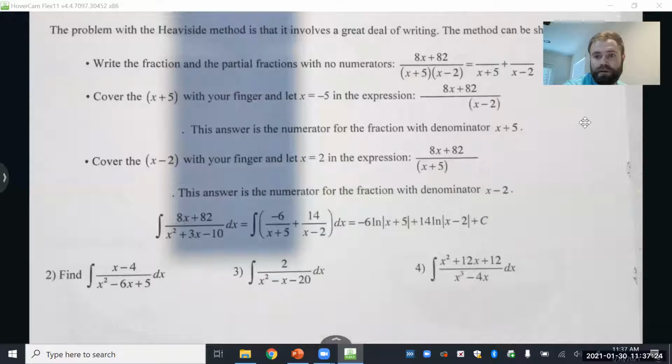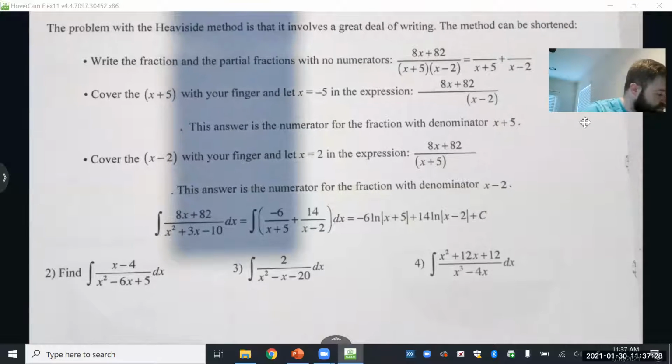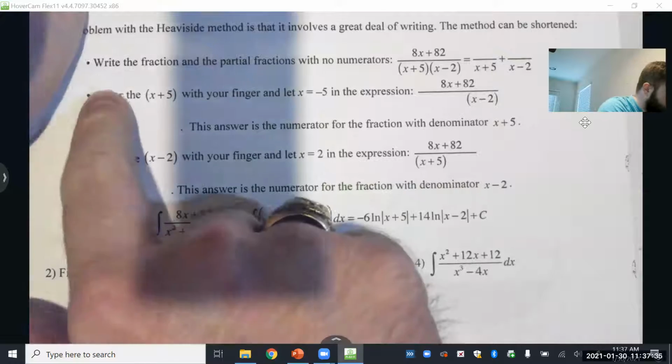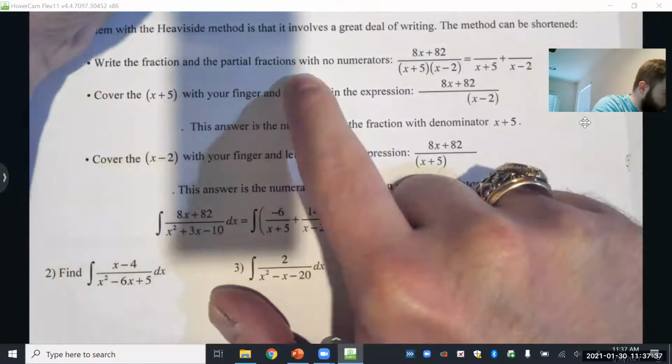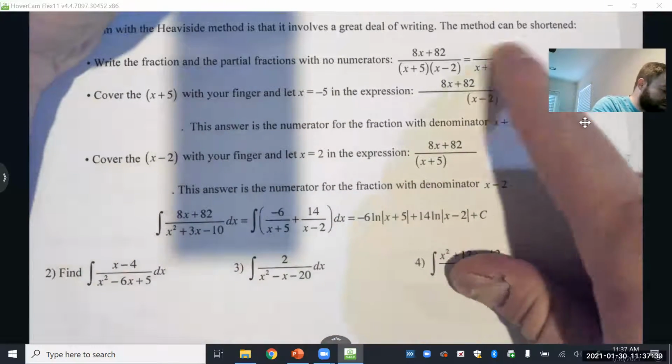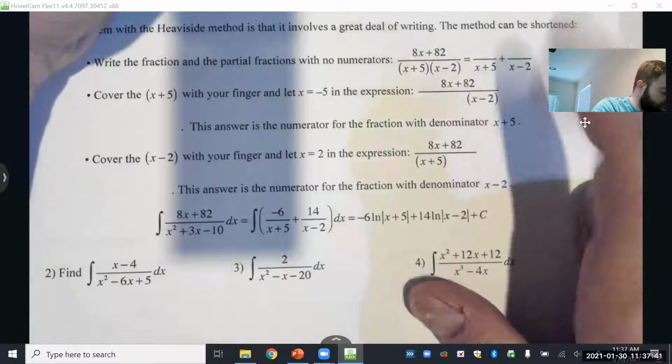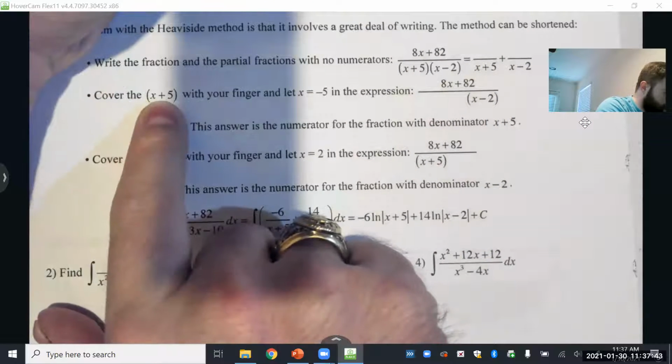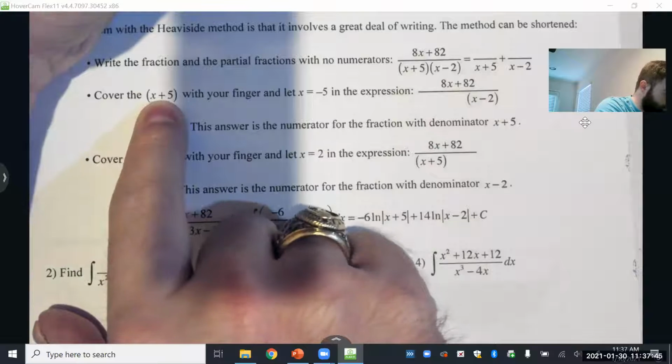So the idea here is that we're going to write the partial fractions with no numerators. Don't write the A and B. We're going to write the partial fractions with no numerators, and then we're going to cover up one of them.